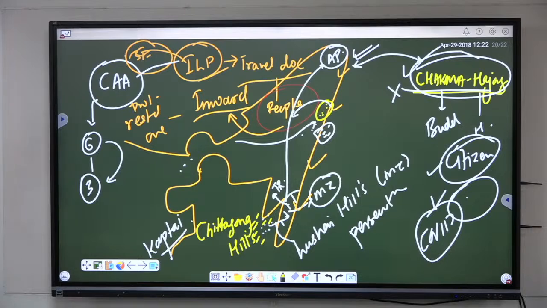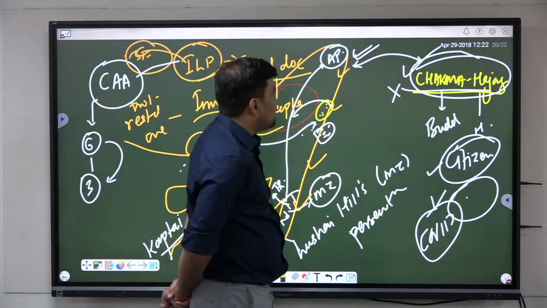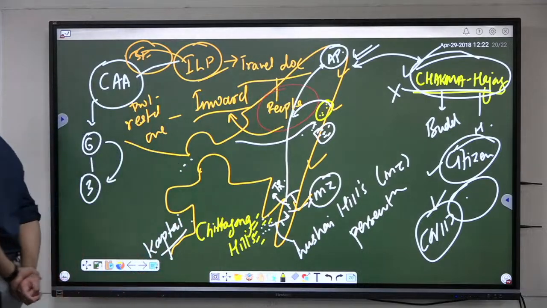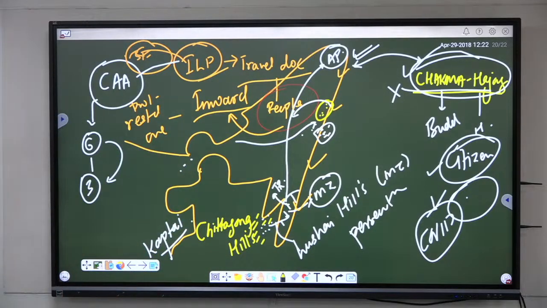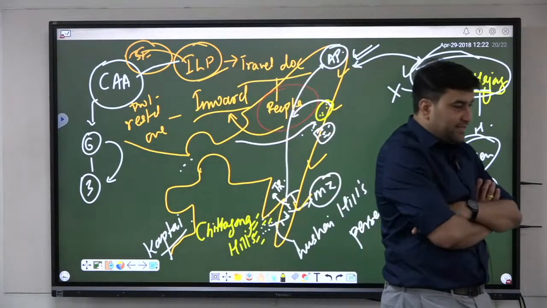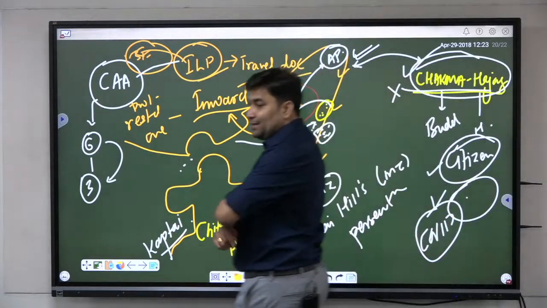Second, you write issue: Chakma Hajong refugees. Chakma, Chakma Hajong refugees. First point, these are original residents of Chittagong Hill Tracts.